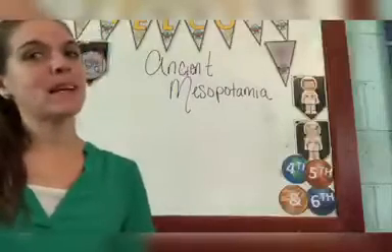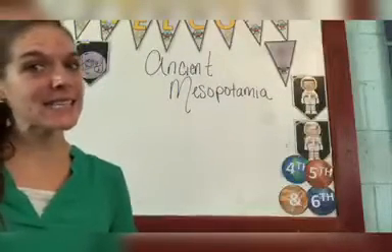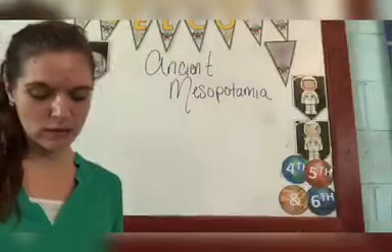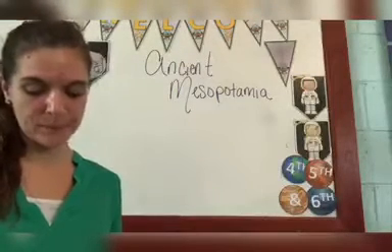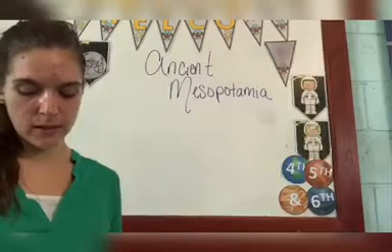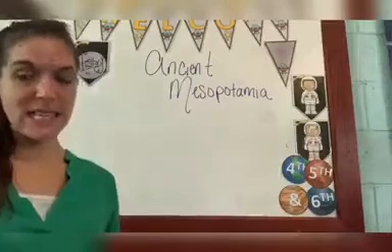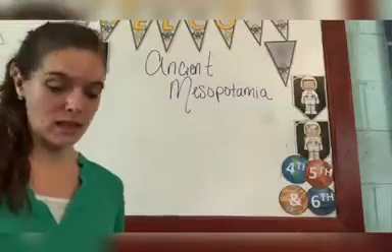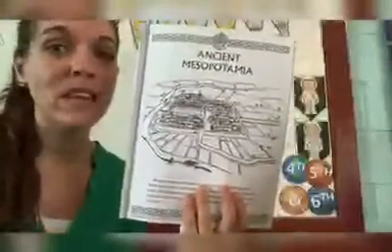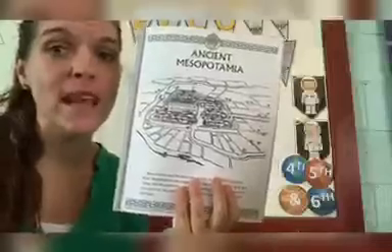Anybody remember what a city-state is? What was a city-state inside of Mesopotamia? It was where there was a big city and small villages around the city. So these were city-states, okay? City-states were the areas, like the pueblos of each of the towns of Mesopotamia.